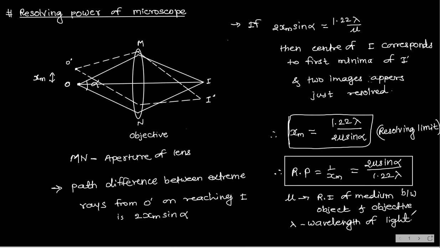Wavelength of light. And sin alpha is numerical aperture. When we solve problems on this, we will understand it a bit better. Just note this down once.